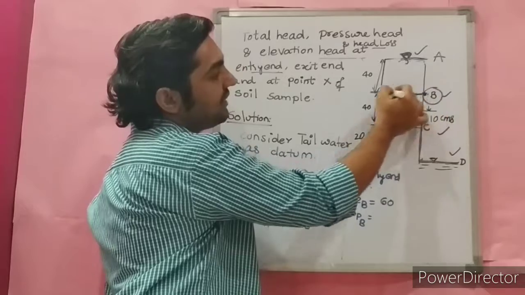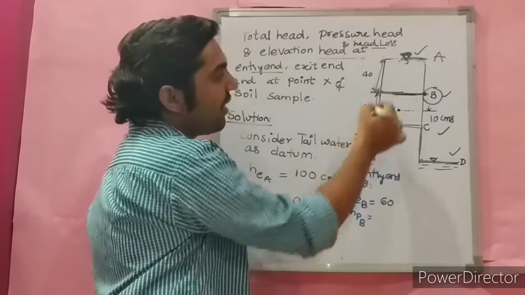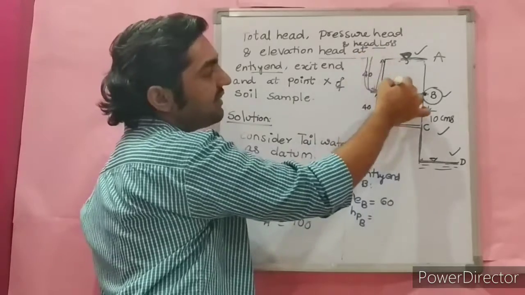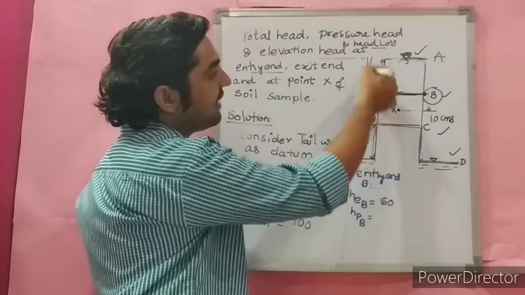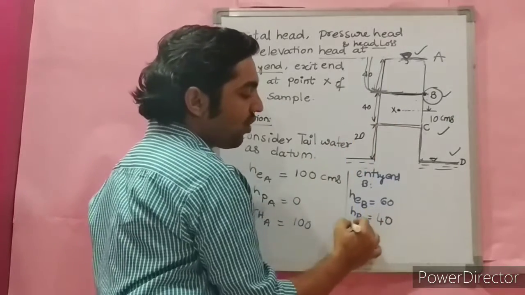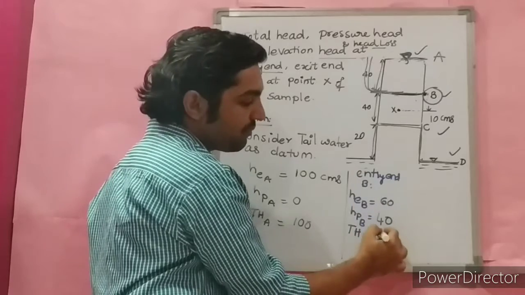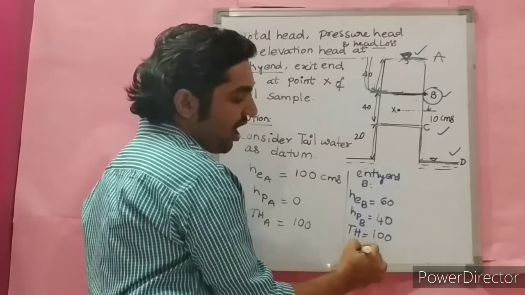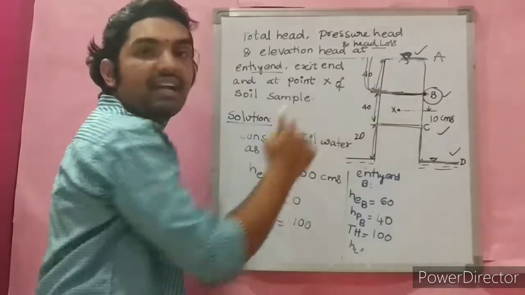So this point B is easily in communication with point A. Hence pressure head is the depth of water rising in the piezometer inserted at point B. I can say that pressure head is nothing but 40. Total head is summation of pressure head and elevation head, nothing but 100.